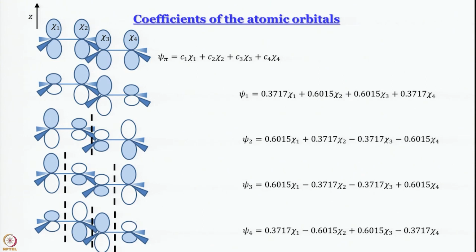So, if you remember the energies, energy of psi 4 is highest, energy of psi 1 is lowest. So, this is in line with something that we have said several times, the more the number of nodes, the higher the energy, right. That is the first thing that we learned from the wave functions, that it is in keeping with this nice model that we built.